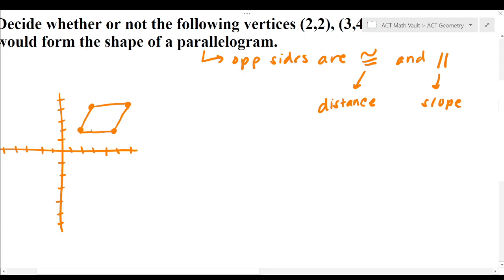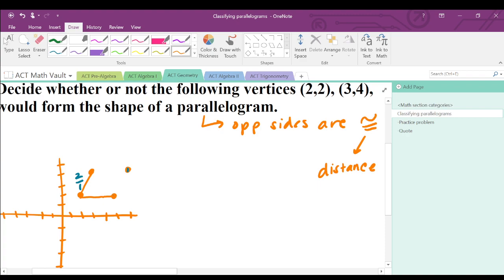So if I'm going over 1 and up 2 units, then that would be, remember, rise over run. So that's a 2 over 1 slope, up 2 over 1. And then this also is up 2 over 1 for the opposite side across from it. So I know that based on slope, it definitely looks like a parallelogram.